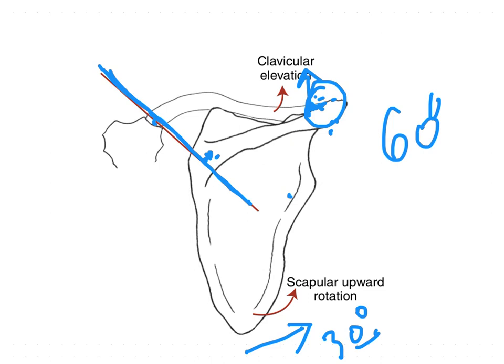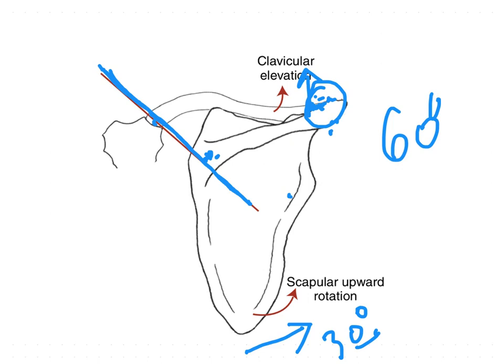The scapula has to stay attached on the thoracic region. For that reason, some tipping is also taking place here. The tipping is taking place only at the acromioclavicular joint. So although it doesn't have any upward rotation, it helps in the tipping of the scapula on the rib cage.